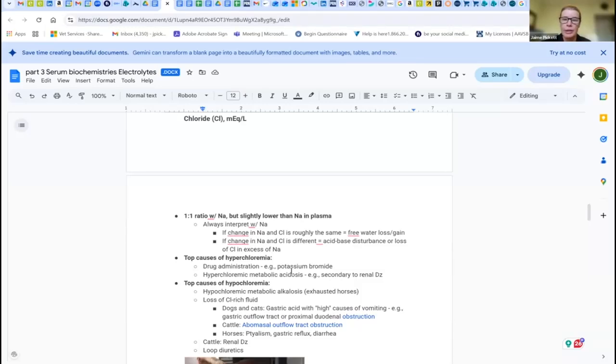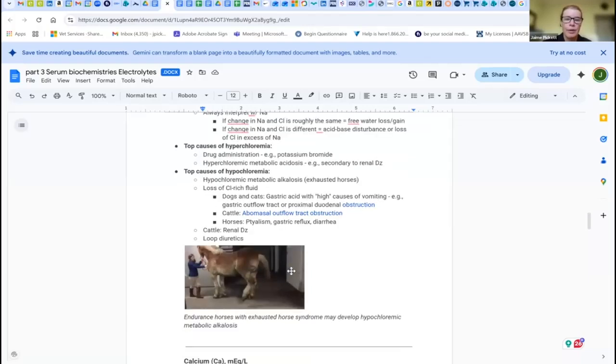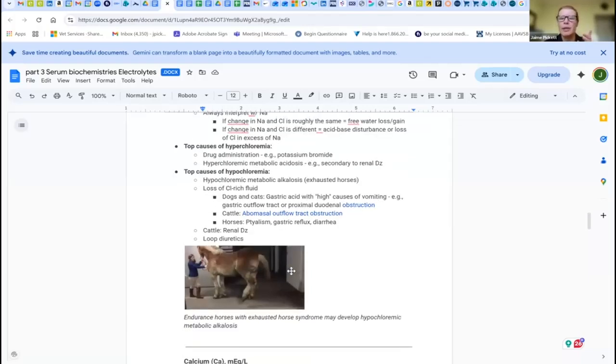So let's take a look at hyperchloremia. There you go. Often it's related to medications like potassium bromide, or hypochloremic metabolic acidosis.